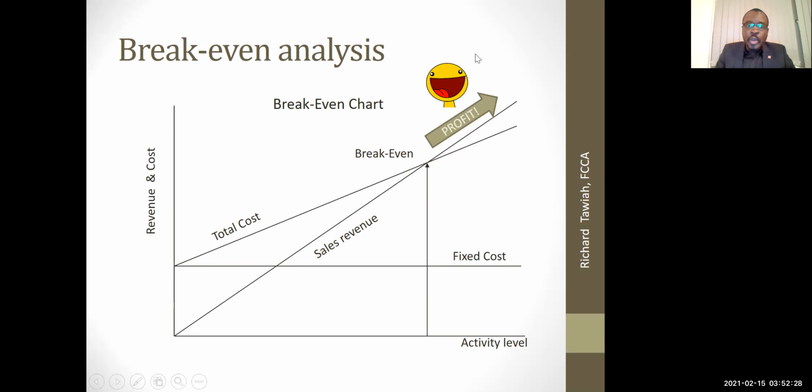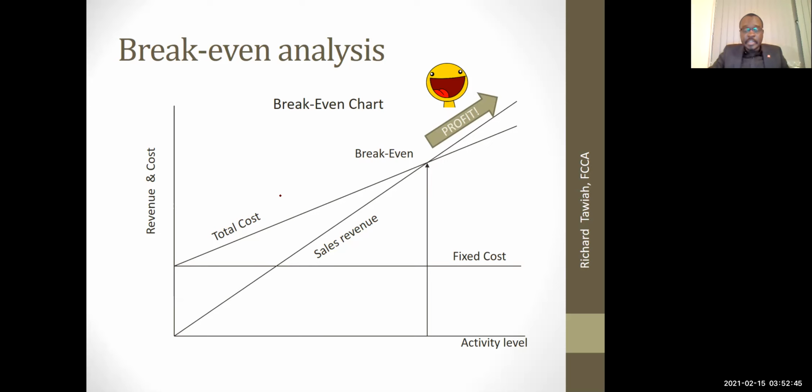So we all remember this chart very well. Perhaps it's just a combination of charts. You realize that our fixed cost goes quite straight, regardless of the level of activity.